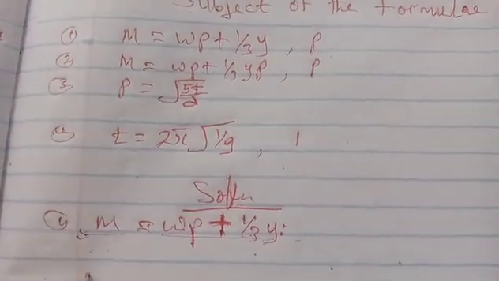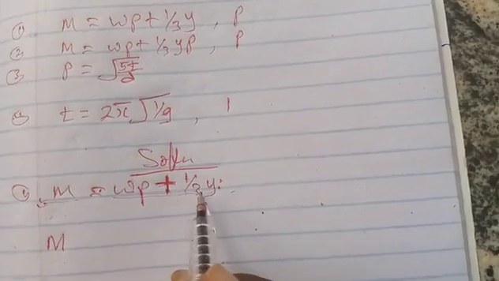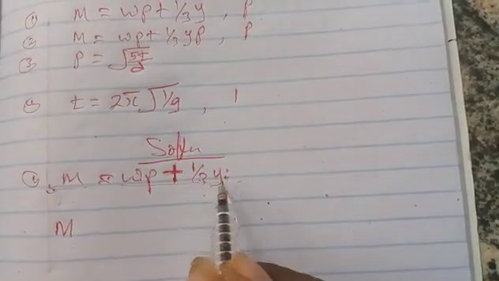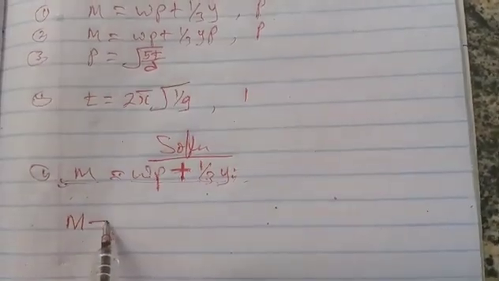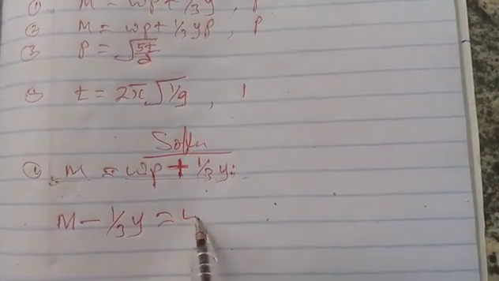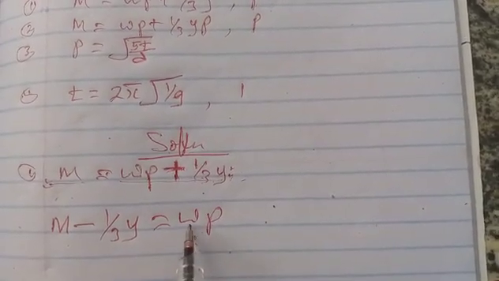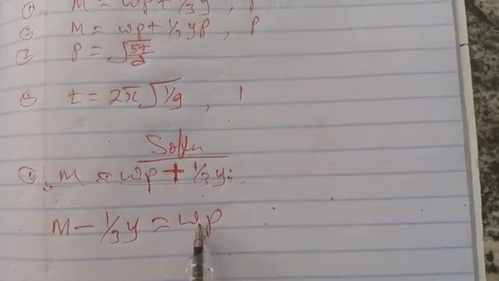So I would now write M, then this plus 1 over 3y, I don't need them here. So I will transfer them to the other side. The plus will become minus 1 over 3y. Then equals WP. Now, you can see that I have my P only, but W is still beside it. But there is no plus or minus.